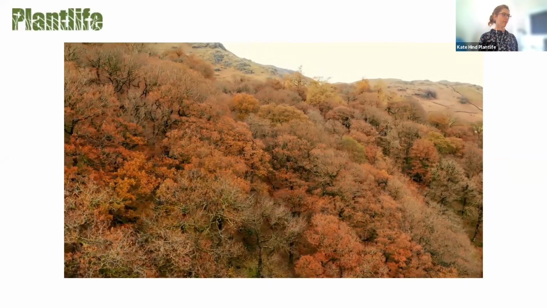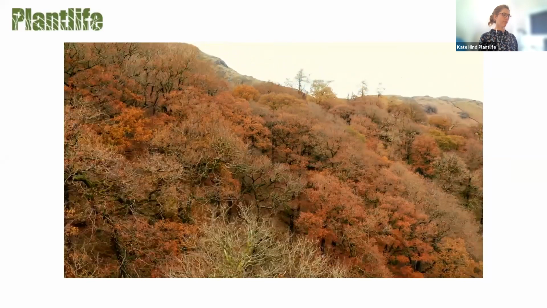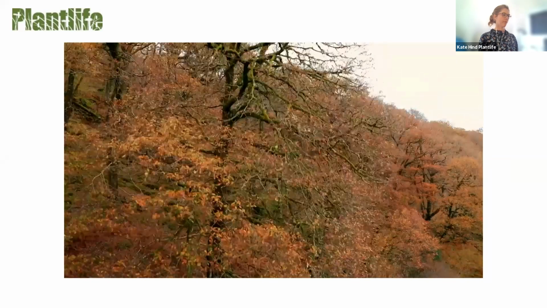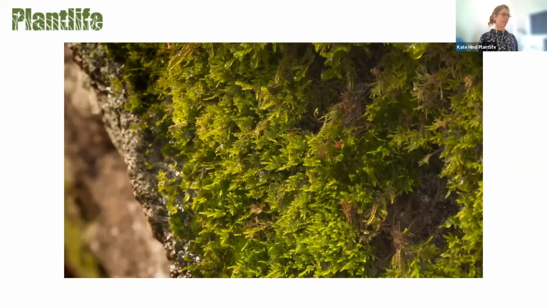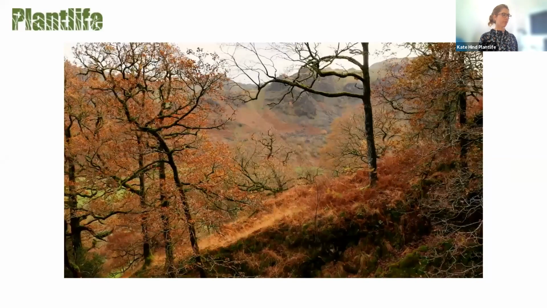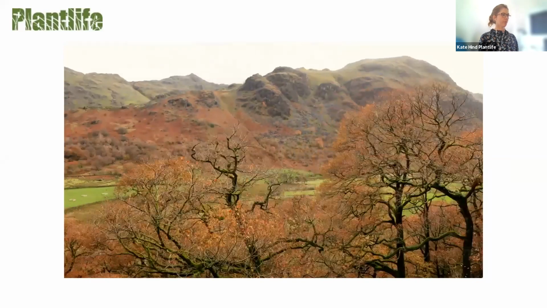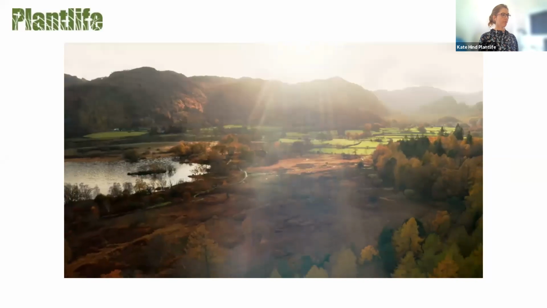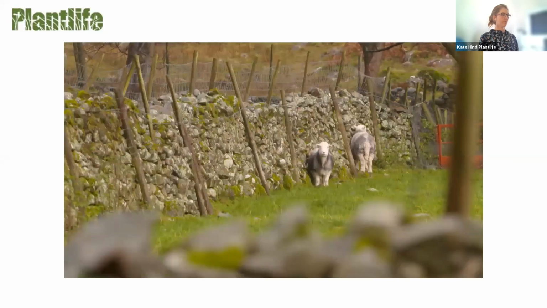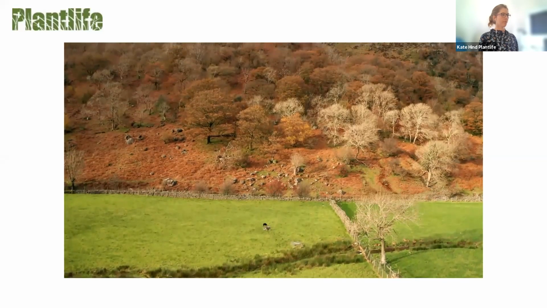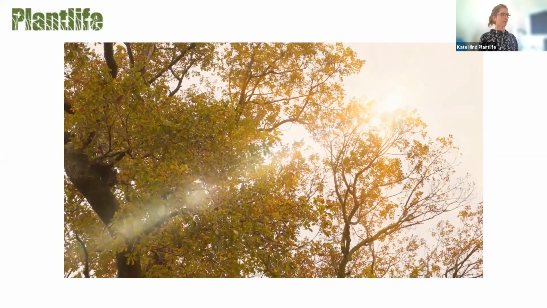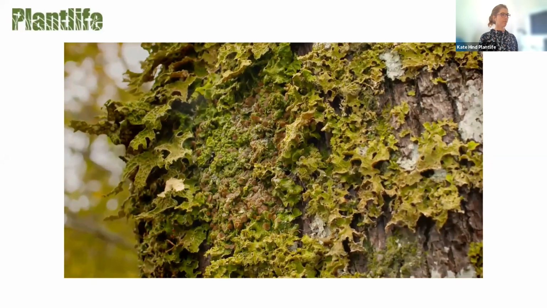The closed tree canopy locks in moisture, creating the humid microclimate that is the essence of a rainforest, where life can thrive. Within the tapestry of this landscape, pasture woodlands with their ancient veteran trees are particularly important for lichens. Generations of farmers have grazed their animals in these woodlands, their careful management creating open spaces to allow sunlight to flood in, which is essential for a rich lichen flora.